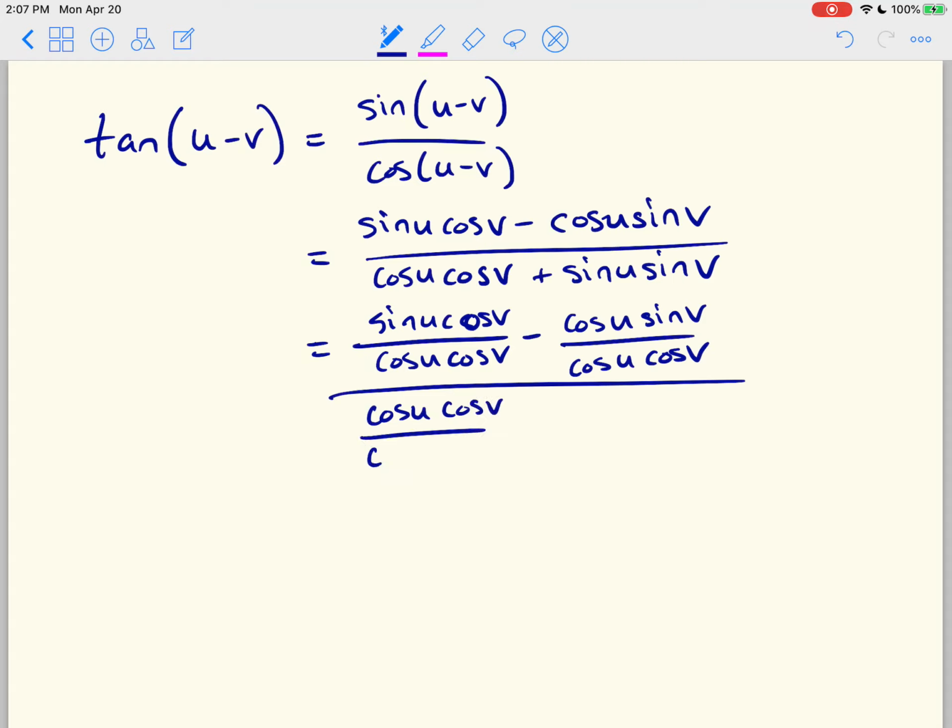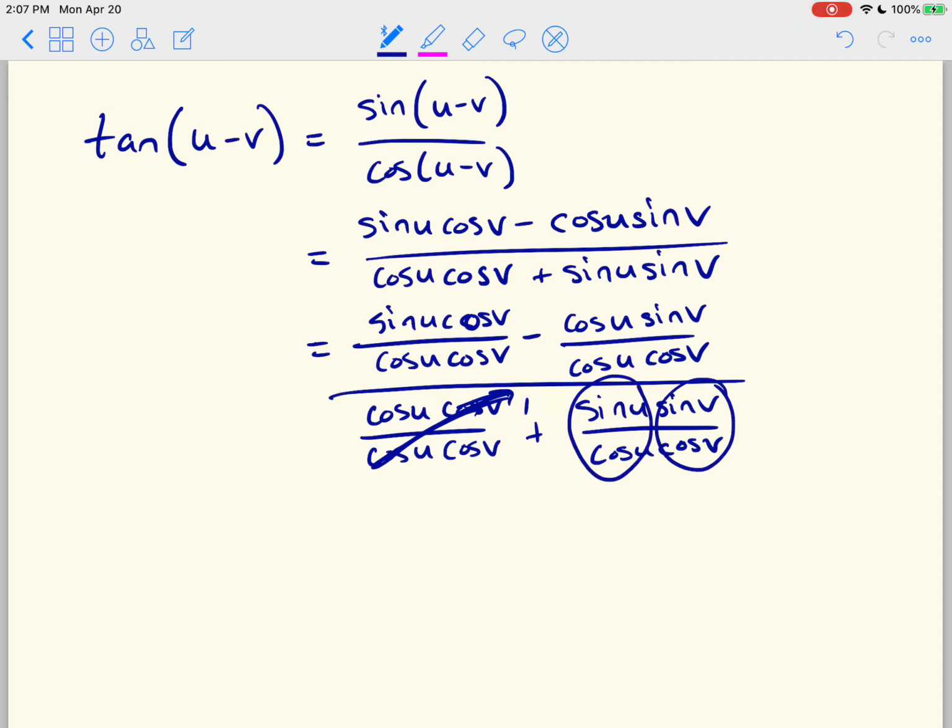That makes this term right here equal 1. So this becomes 1 right here. And we can see this is like a tangent, and this is a tangent. This becomes 1, this is a tangent.